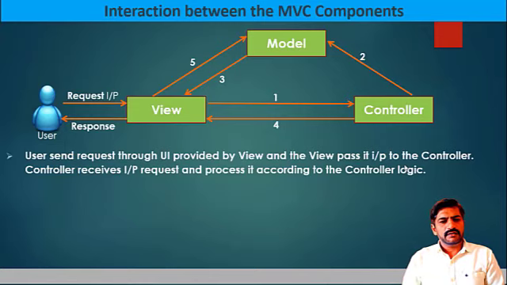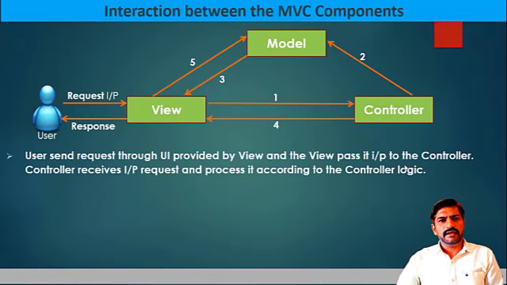So here the user sends the request through the UI. The UI is provided by the view, and then the view passes its input, that is the request, to the controller. The controller receives the input as a request and processes it, that is taking a particular action depending upon the user request, according to the controller logic.